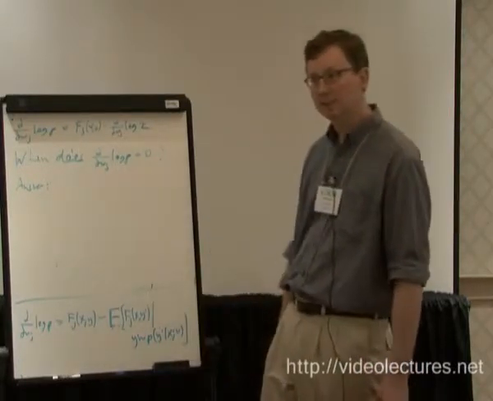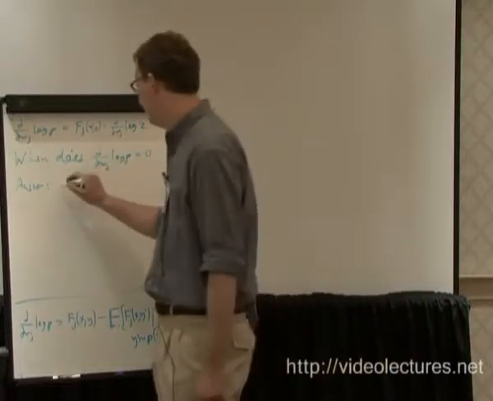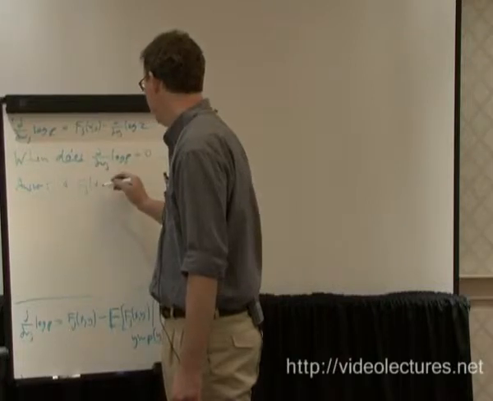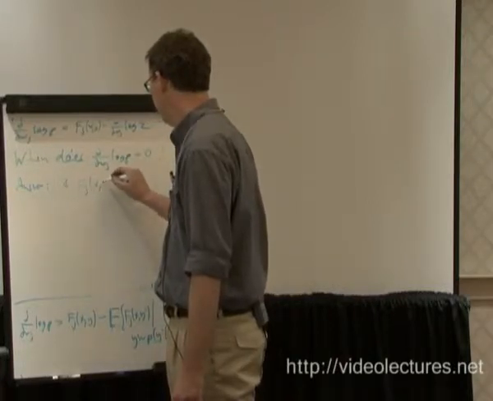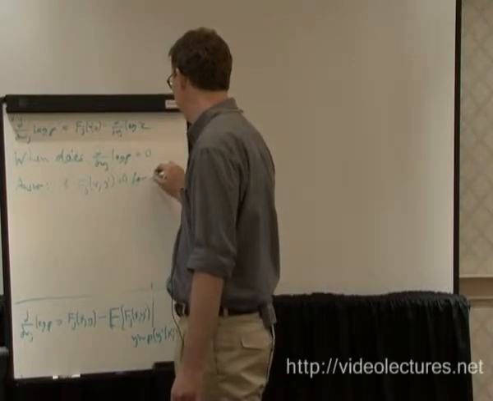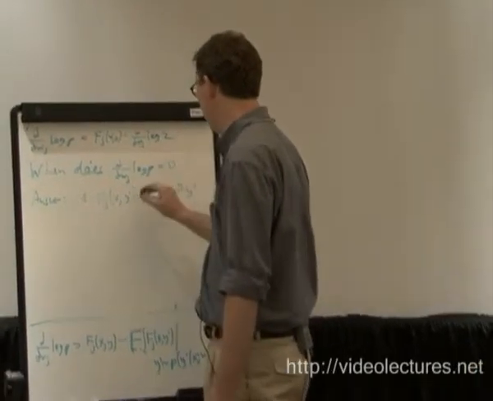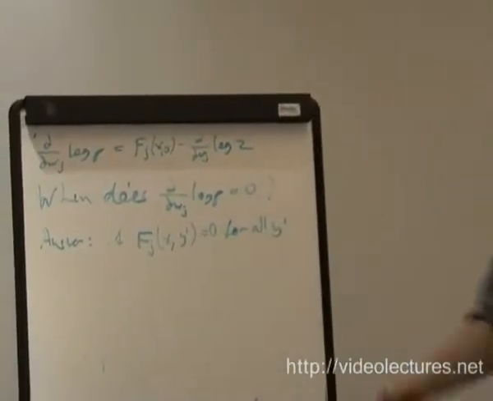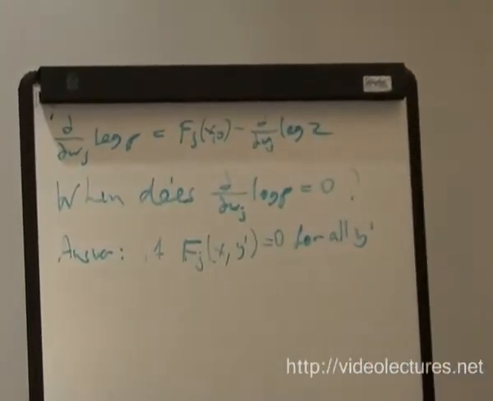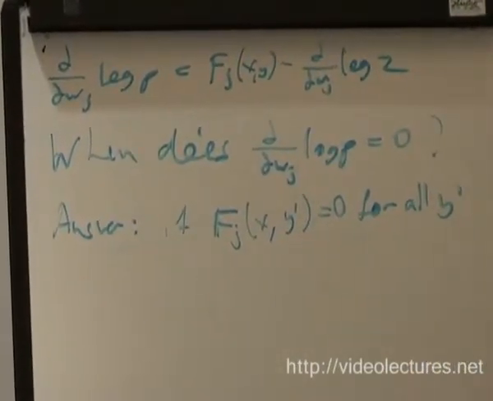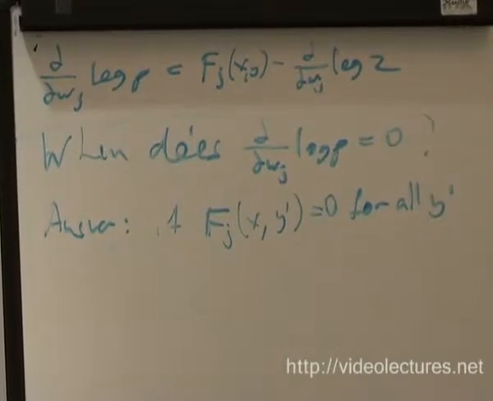No. So, if fj of x y prime equals 0 for all y prime. So here we're taking the expected value of fj of xy over all possible y's.